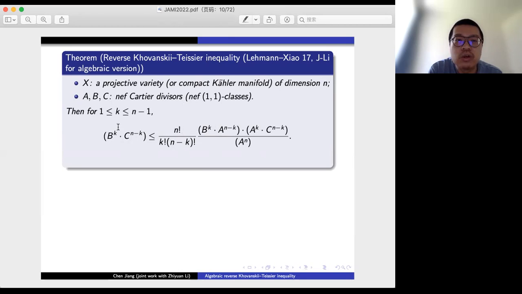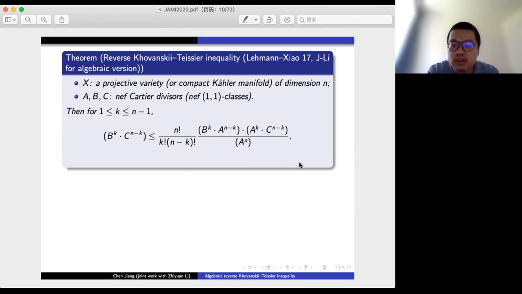So if we want to bound the intersection number of B and C from above, you replace B and C by A with this form, and then you divide by the self-intersection number of A. This is the form we call the reverse Khovanskii-Teissier inequality. Of course, here I assumed this self-intersection number of A is non-zero. Otherwise, this inequality is trivial.